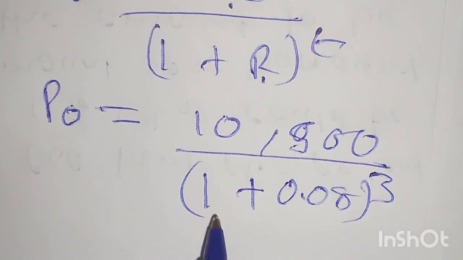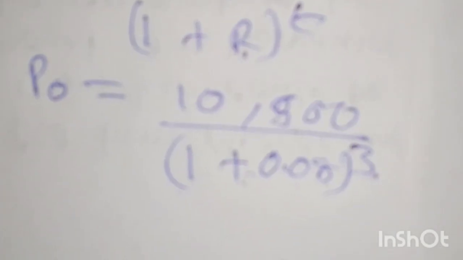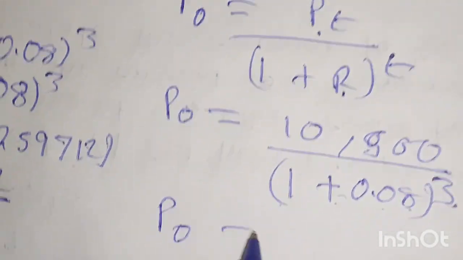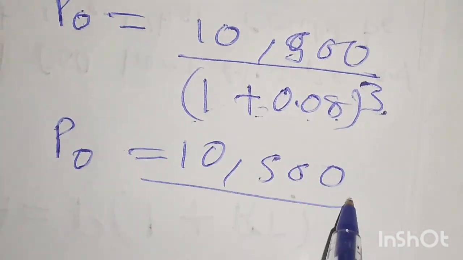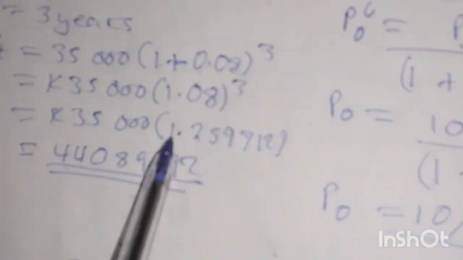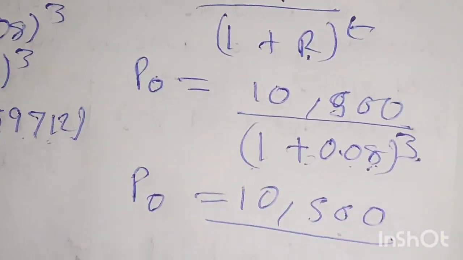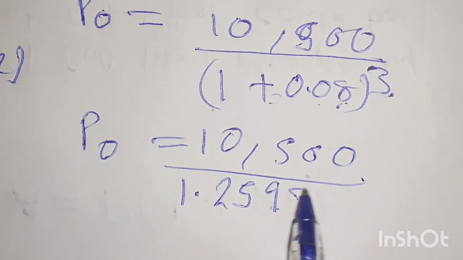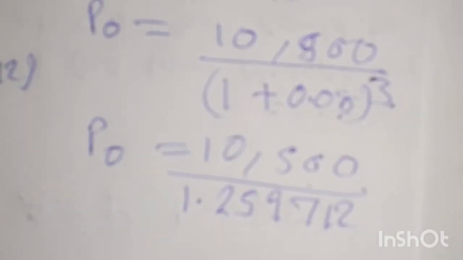If we go back to our previous question, 1 plus 0.08 to the power 3 gave us this value, 1.259712. So present value is equal to 10,500 over 1.259712.